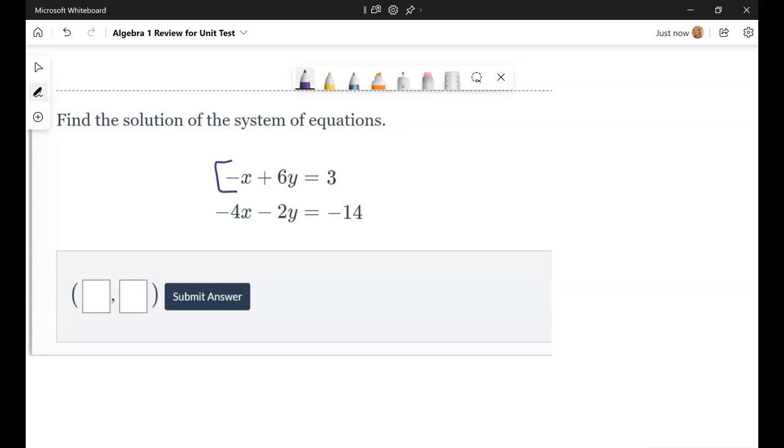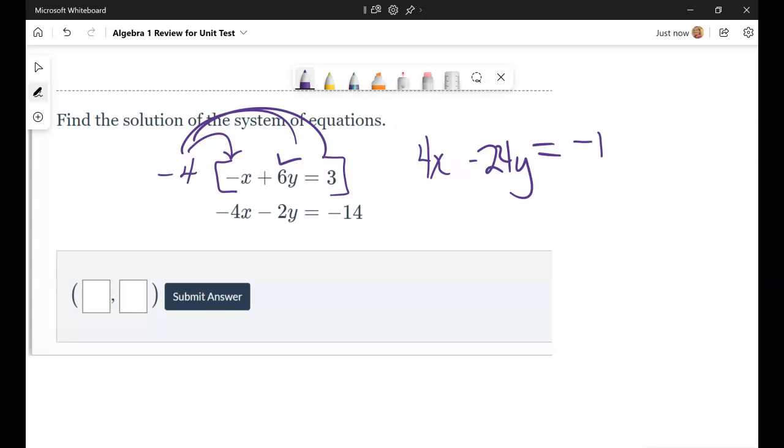Can I turn this one into positive 4? How would I do that? Multiply by negative 4. What's negative 4 times negative x? Positive 4x. What's negative 4 times 6y? And negative 4 times 3.